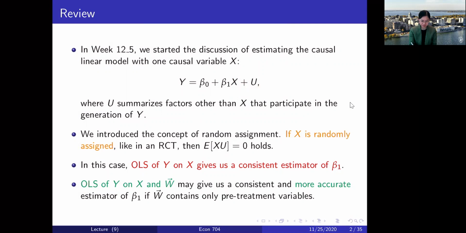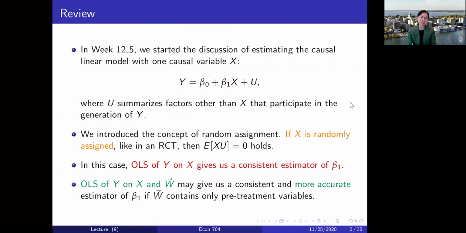Because u has economic meaning, the factors in u are real world variables, and in practice, they may or may not be uncorrelated with x. So that means OLS regression of y on x may or may not give us a consistent estimator for beta 1.